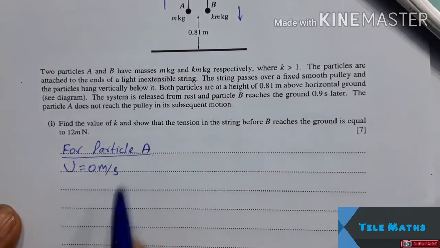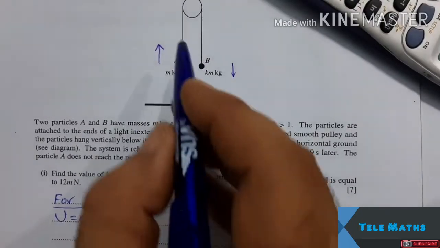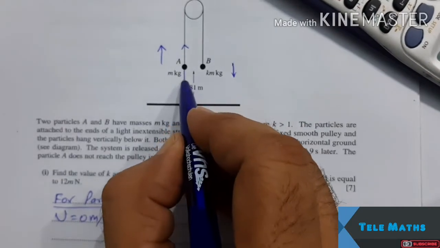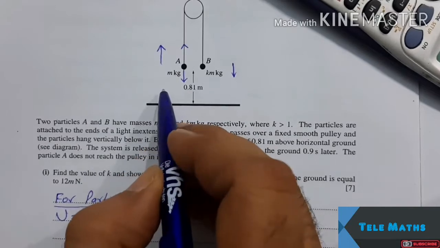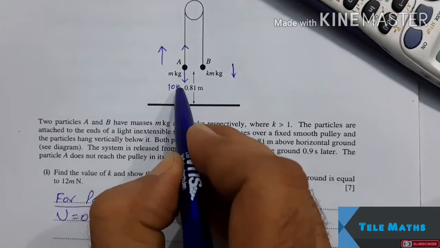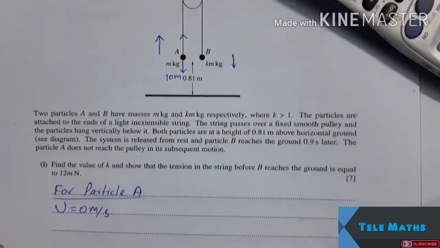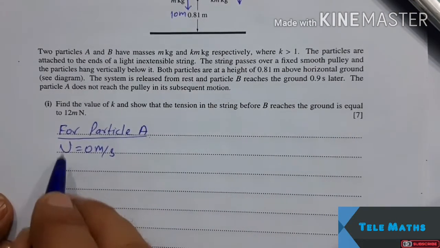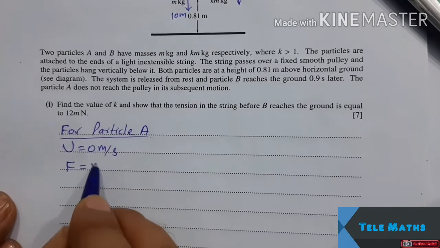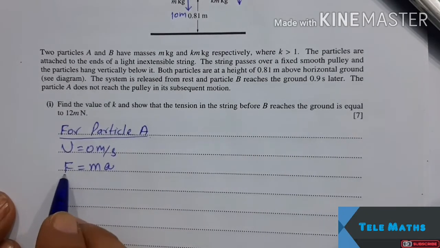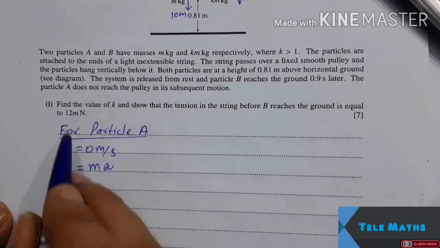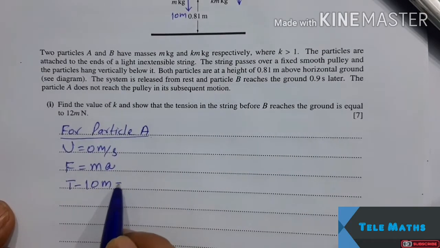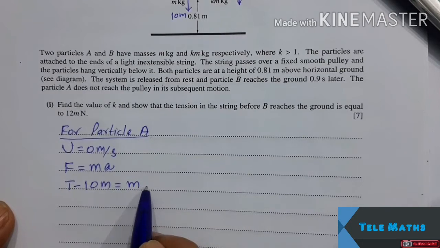Okay, actually we don't need u. The upward tension is more than the downward weight, which is 10m of the particle, because the particle is moving upward. So by Newton's second law, F is equal to ma. F means the resultant force, meaning upward tension minus weight, which is 10m, is equal to ma.